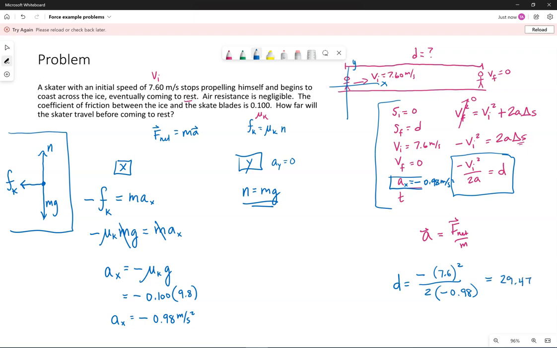So coming back to the problem in terms of significant figures, the 7.60 is 3 significant figures. The 0.100 is 3 significant figures. So my answer should be in terms of 3 significant figures. So the skater will slide 29.5 meters across the ice, assuming, of course, there's that much ice to slide across.